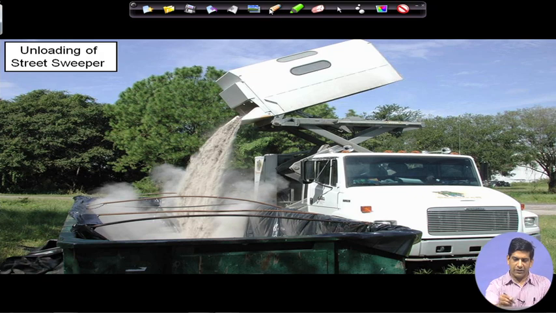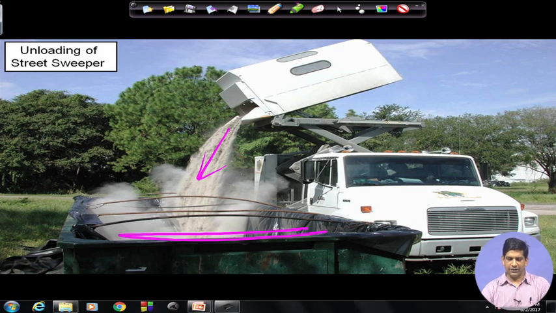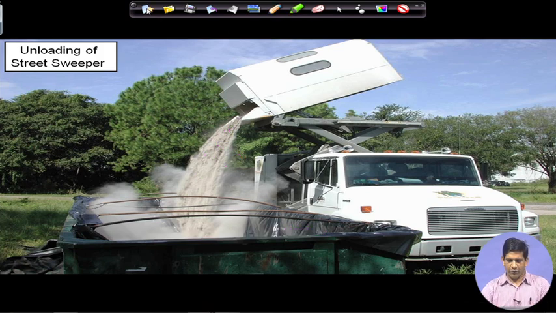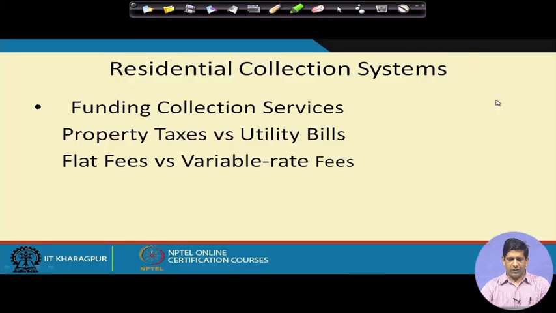The reason it is lined is so that if there is any moisture after a rainy event or a small storm event, it doesn't leak onto the surface while it is being taken away to the disposal point. So this is how typically a resident collection system works.